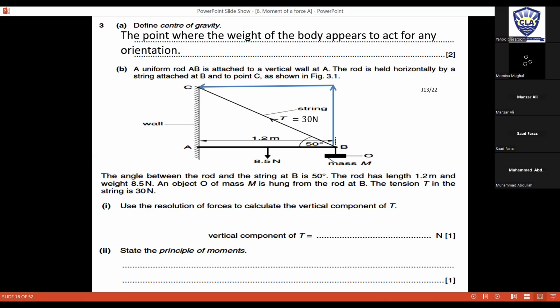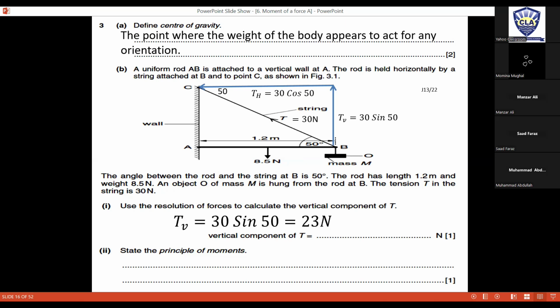It will have two components, vertical and horizontal. If this angle is 50 degrees, this angle will also be 50 degrees, and the vertical component will be 30 sin 50. Horizontal will be 30 cos 50 in this case. So the vertical component is 30 sin 50.